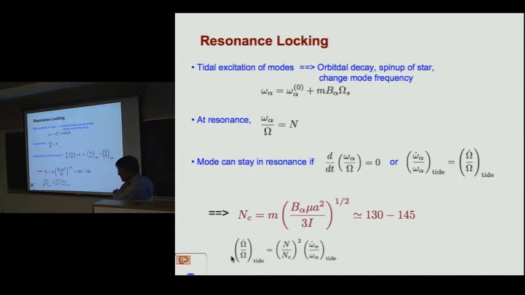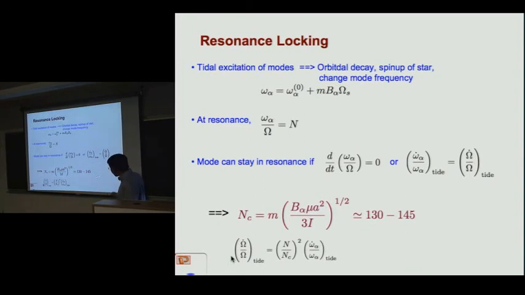Only one n is satisfied, and that n, capital N, depends on the orbital separation, moment of inertia of the star, reduced mass, and it depends on how the mode frequency varies as a function of the spin frequency. You put in the numbers, you find 130, to the extent you know the numbers.